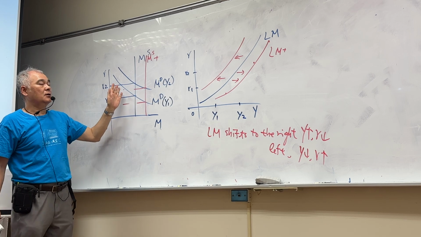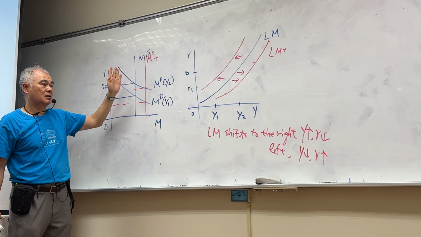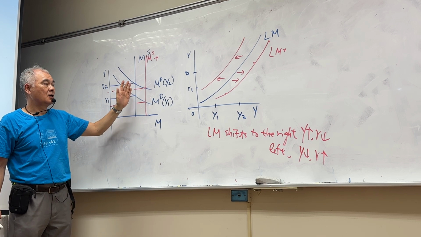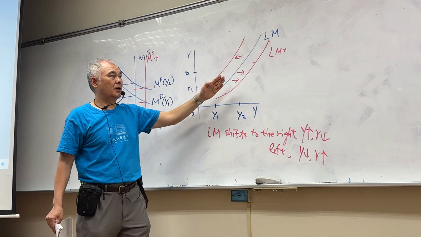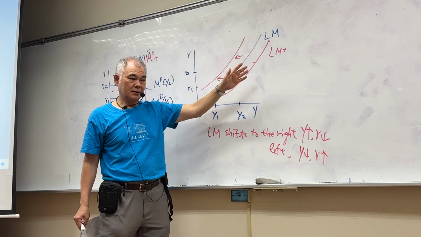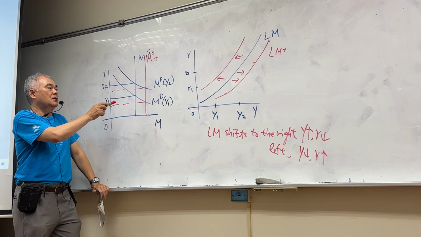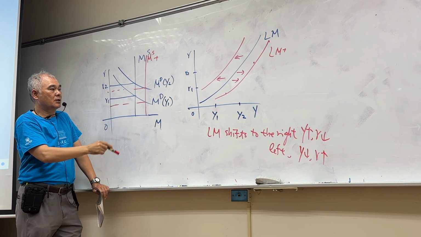And then you add one more dimension, that is the increase in money supply. So with expansionary monetary policy, LM shifts to the right, because at every given income level, interest rate goes down.